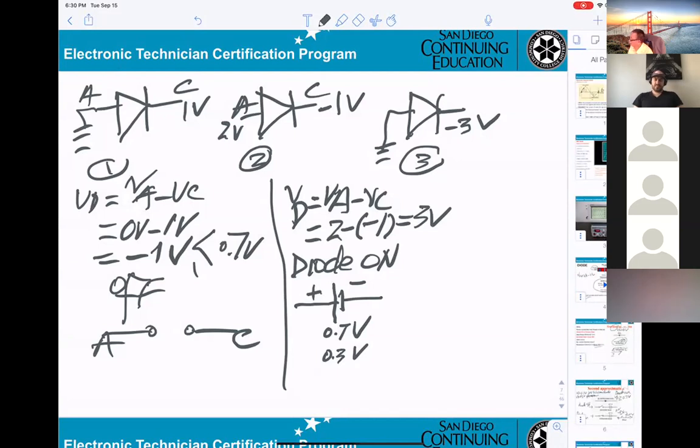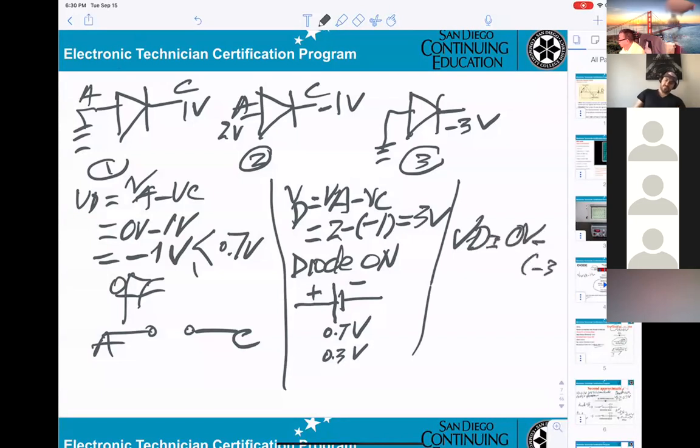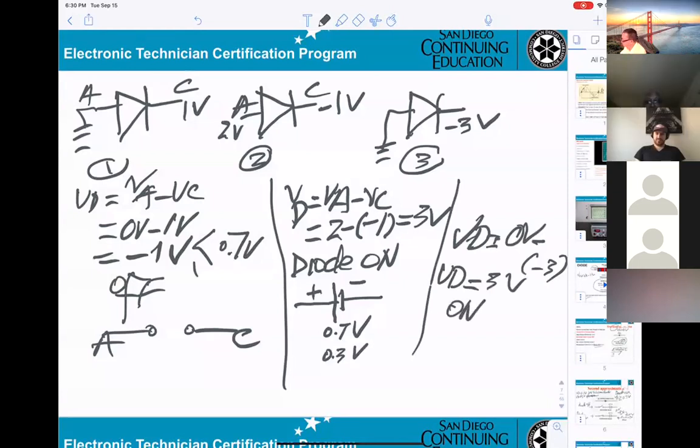Last one, number 3, on or off? On. Number 3, VD equals 0 volt minus 3 volt, equals minus 3. That's why you say off.